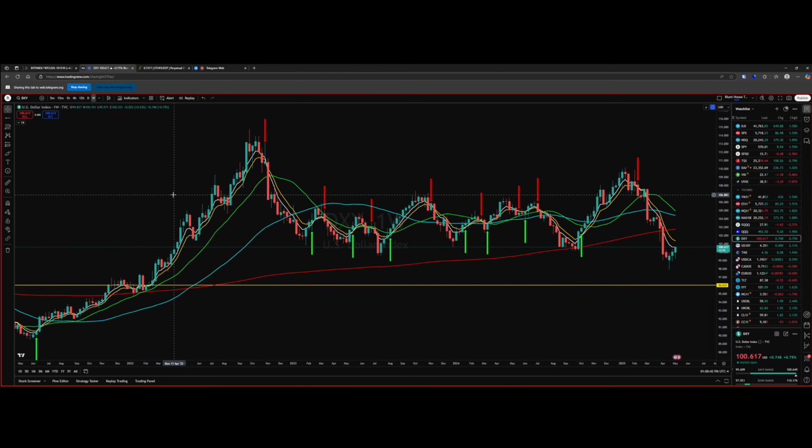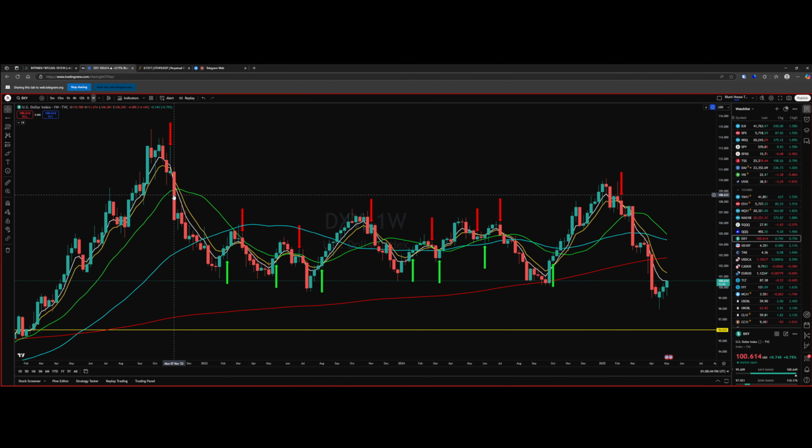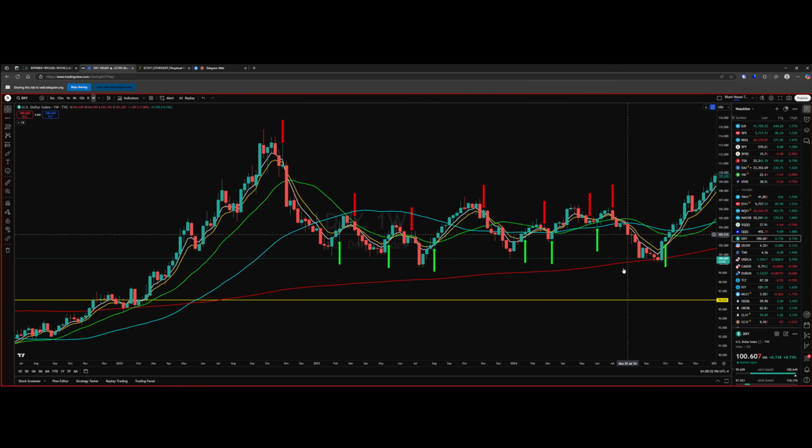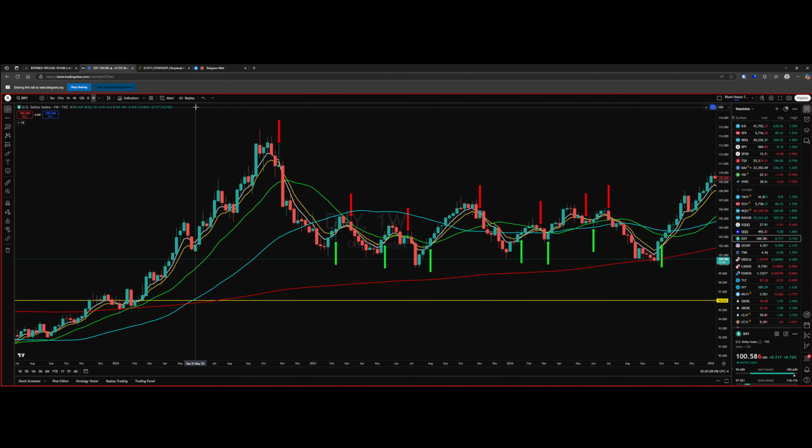But for now, I'll be the first to admit that in this wave, I had the dollar going higher, right? I was in the camp that until the chart tells me that it wants to move the other way, up here has to be on your radar. Until it isn't.